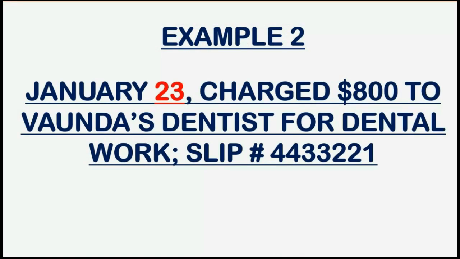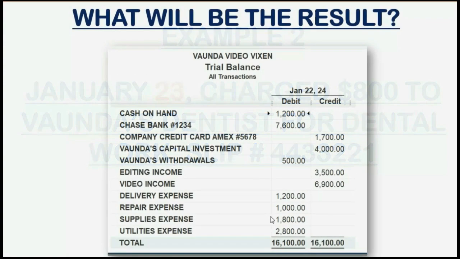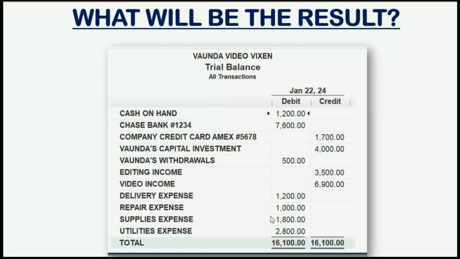Let's imagine on January 23rd, we charged $800 to Vonda's dentist for dental work, and we got this slip number when we charged the card. So what will be the result in the trial balance after this charge? Well, we now have $800 more charged on the American Express card, so the balance will increase by $800 and become $2,500.